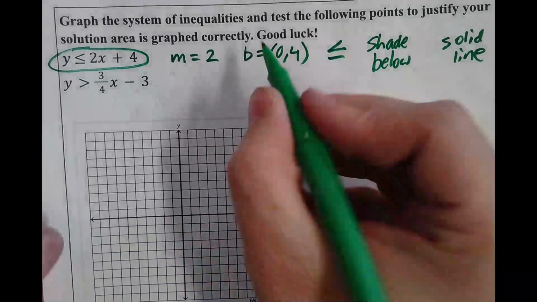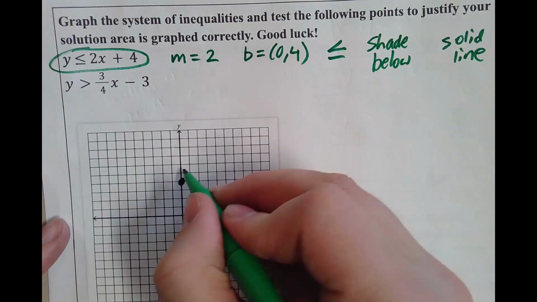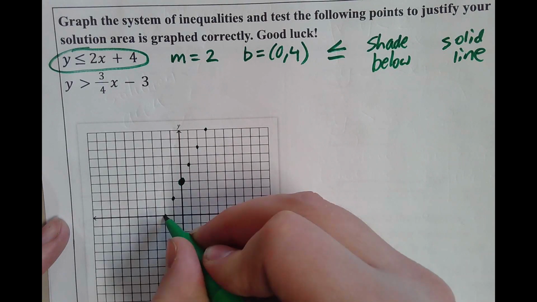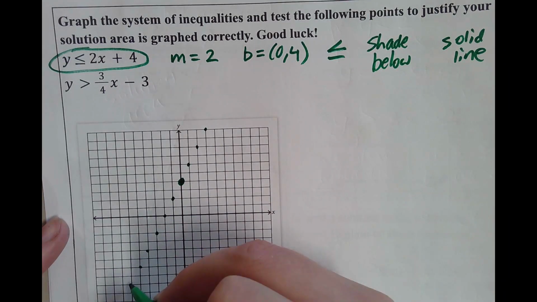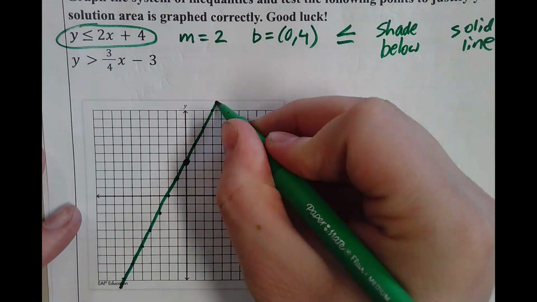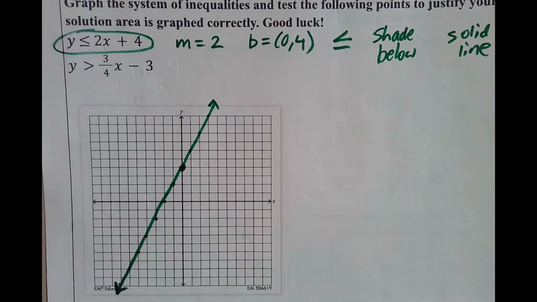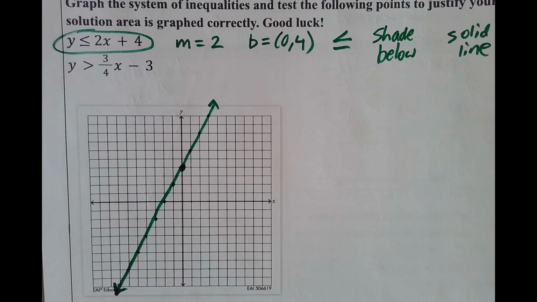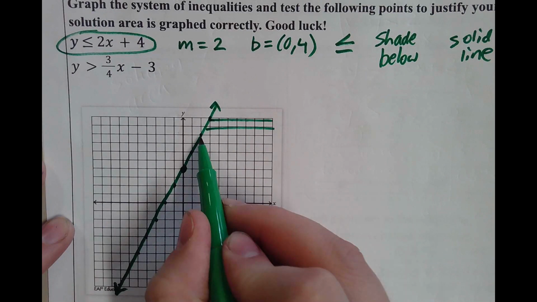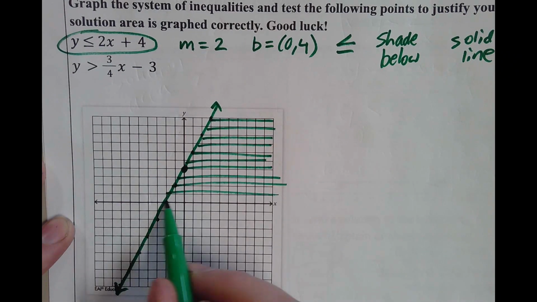Okay, so for our first one, we have 0, quick.